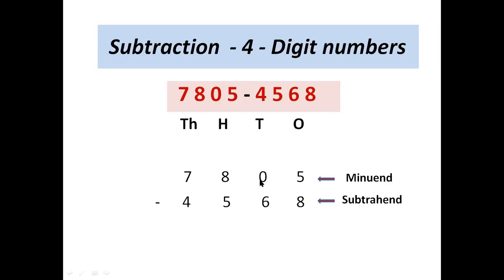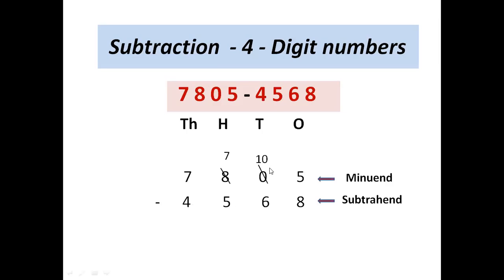So first 0 is going to borrow from 8. When you borrow from something, it gets decreased. If you have two pencils and your friend borrows one pencil from you, your two pencils get decreased to one, because you have given one to your friend. Here also the same rule applies. The 8 will be decreased to 7, and 0 will become 10.